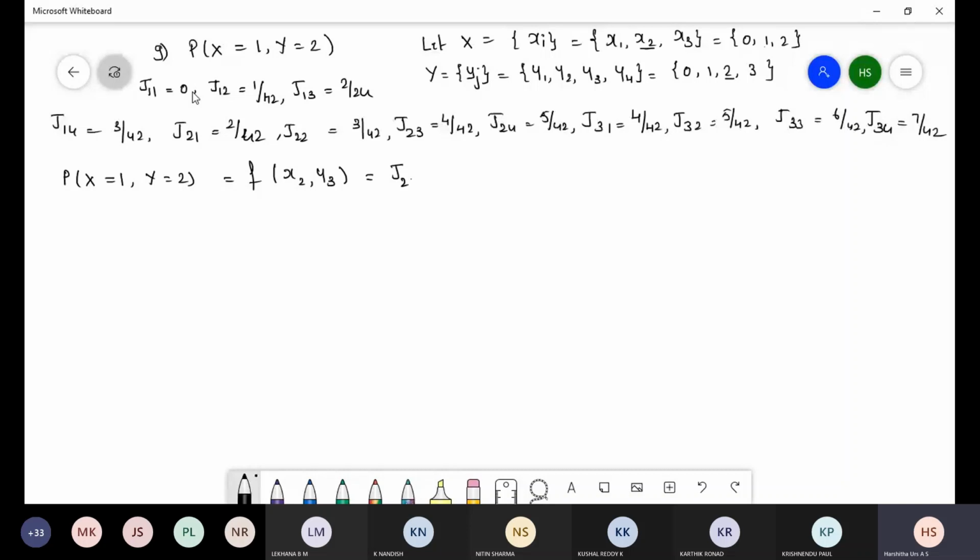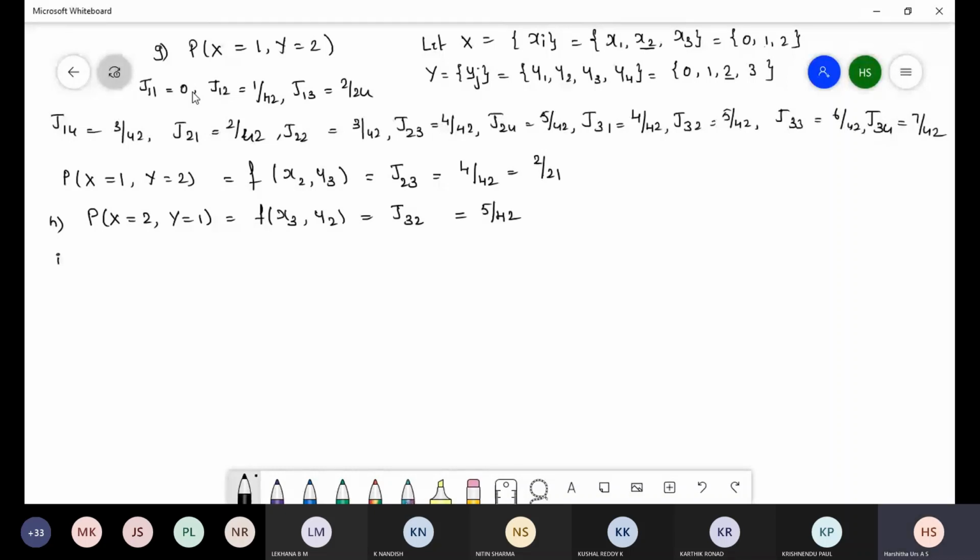J23 value is 4 by 42, so we can write 2 by 21. Next, P of x is equal to 2, y is equal to 1. So x is equal to 2 means x3, y is equal to 1 means y2, J32. J32 value is 5 by 42.